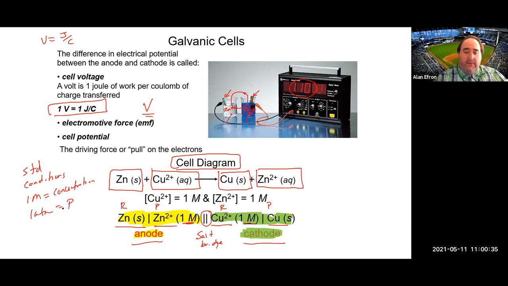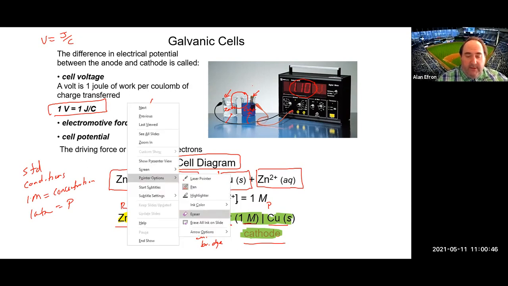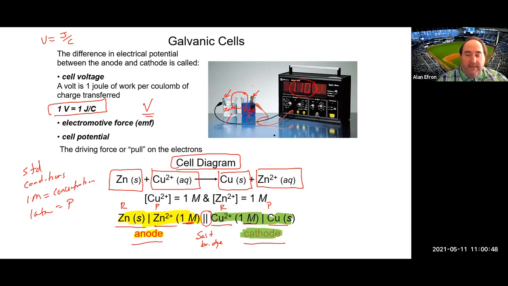If we wanted to take our cell diagram and turn it into an equation or reaction, we follow that same pattern. We start here: this zinc, the first thing listed, is my reactant. Zinc, the second one listed, is my product.